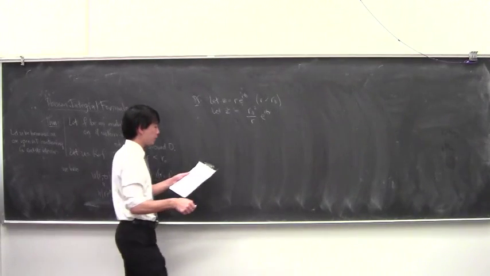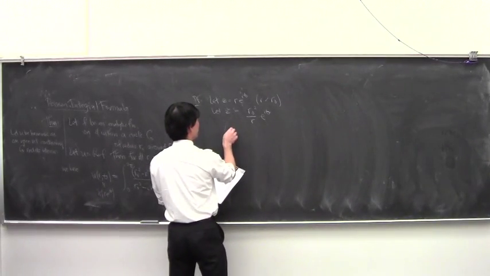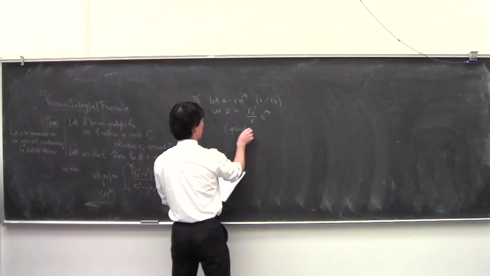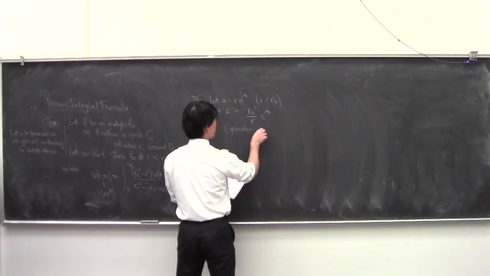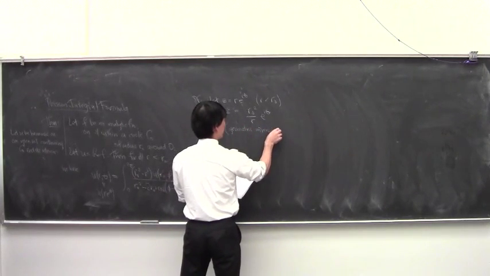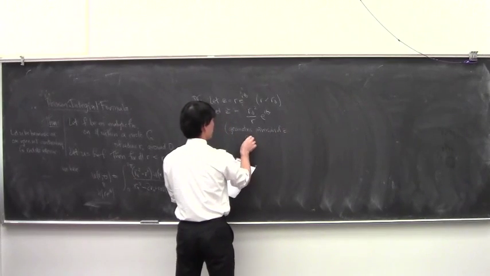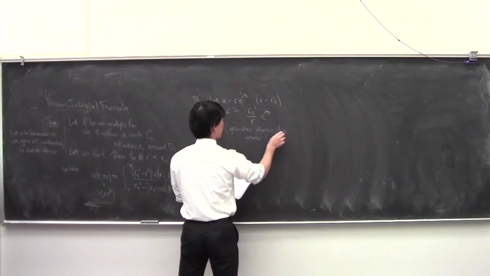Okay. This point is called the geometric reflection or inversion of Z across C naught.